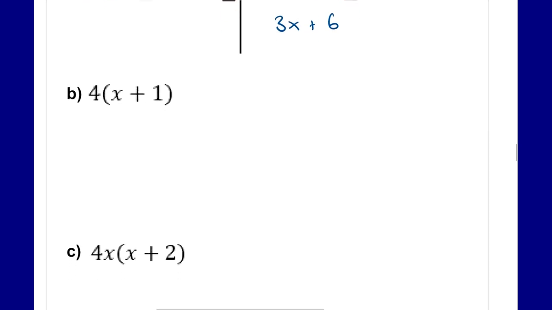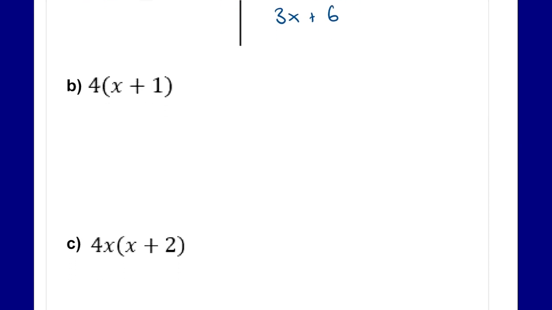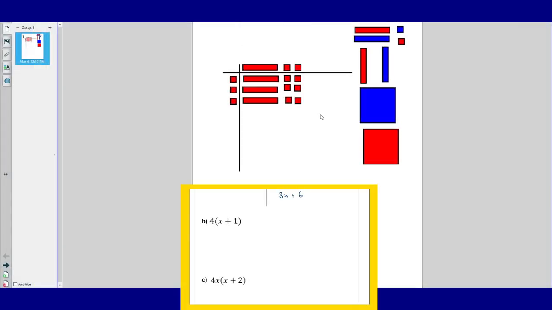Let's try it with the next two, 4 times x plus 1 and then 4x plus 2. So let's get rid of these tiles and start over. I have 4 times x plus 1.